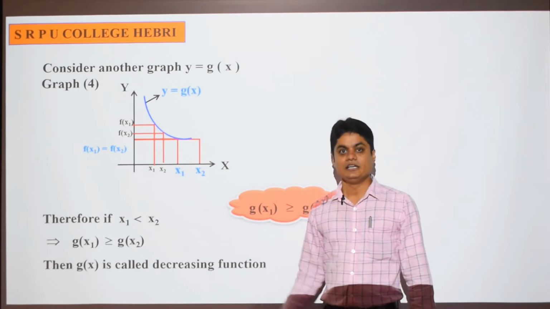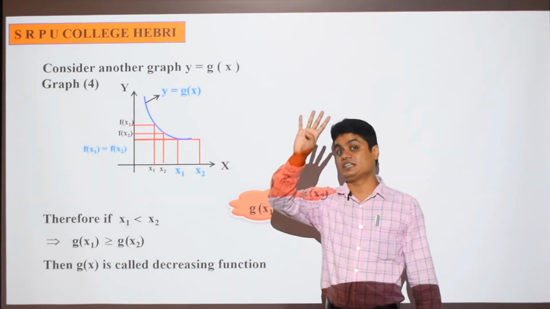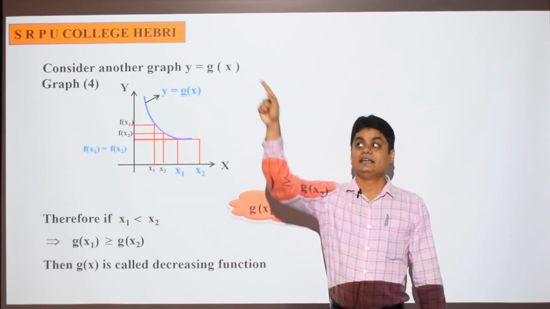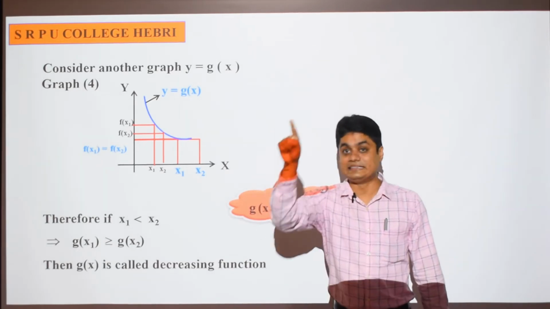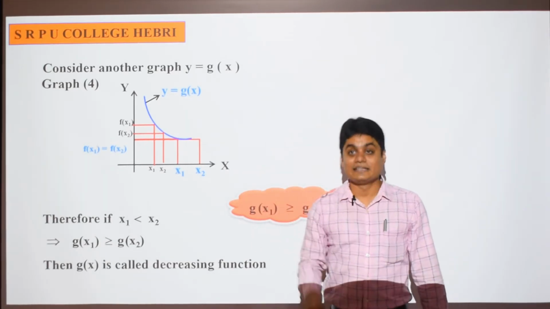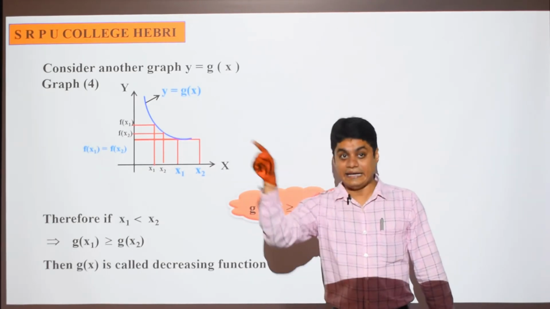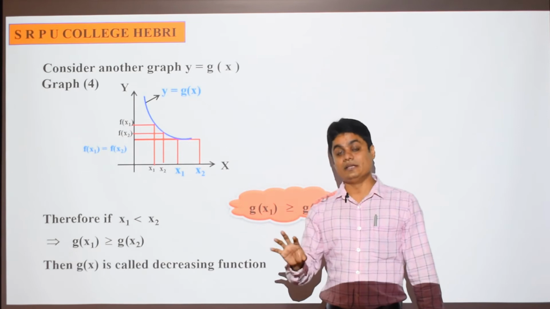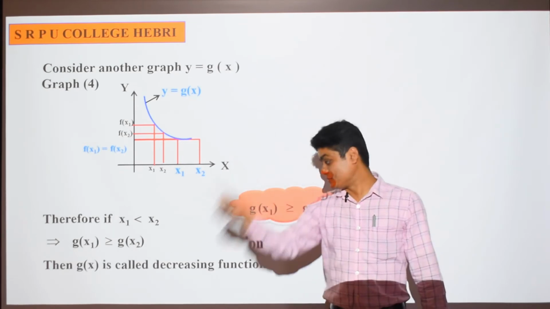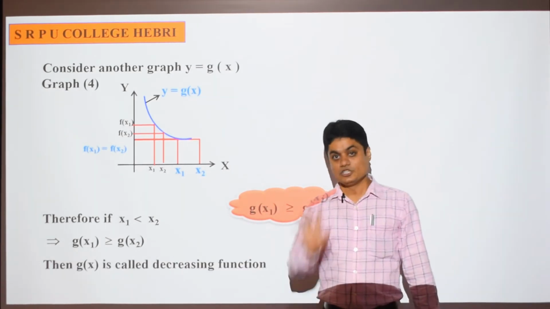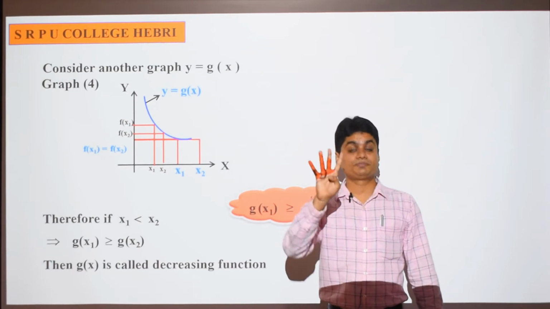So we defined 4 terms: strictly increasing, only less than; increasing, less than or equal; strictly decreasing, only greater than; decreasing, greater than or equal. Understood? So we define 4 different terms. Please remember this.